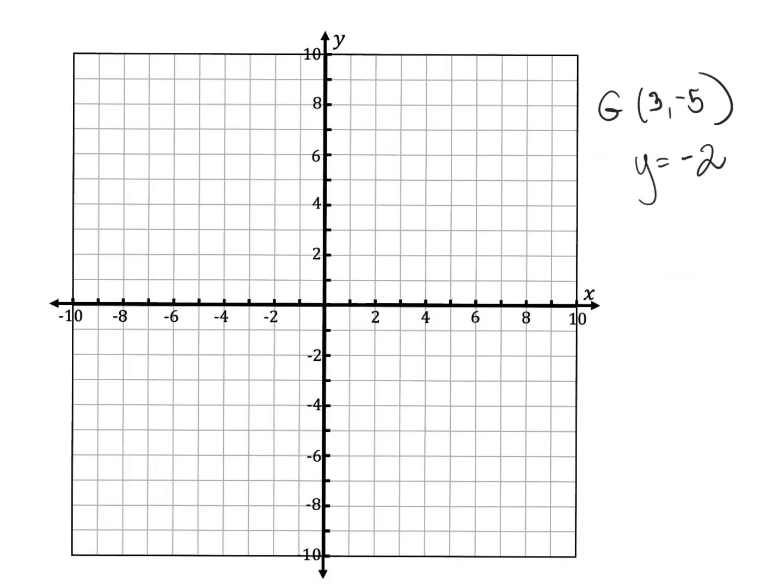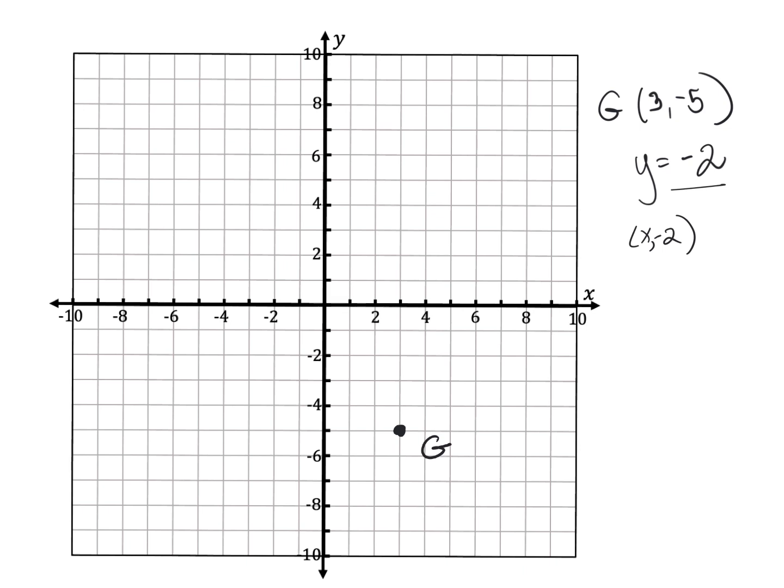Okay. So using our graph paper, I'm going to first graph (3, -5). So that's right 3, down 5. So this is G. Okay. And we're reflecting over y equals -2. All right. Now remember, y equals -2 means that no matter what the x value is, the y value will be -2.